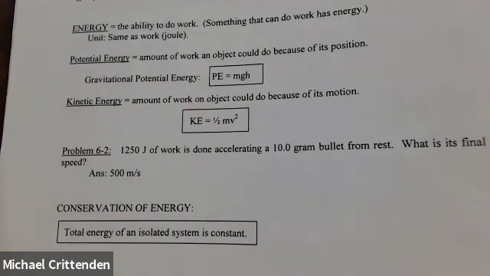If you've ever gotten your thumb in between, you've been painfully aware of that fact. And as that force acts, the nail is going to move some distance down into the board. So you've got a force that acts through a distance. Work is being done. What makes the hammer capable of doing work is the fact that it was in motion.